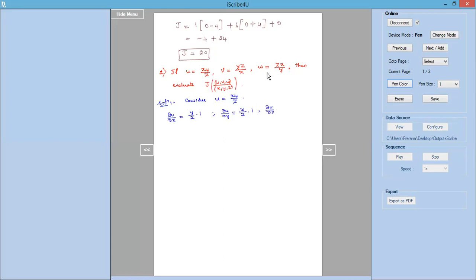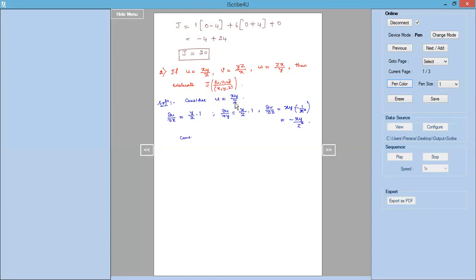Dou u by dou z. With respect to z, xy is a constant. Differentiation of 1 by z: when we are differentiating with respect to z, x into y is a constant, we write it as it is. Differentiation of 1 by z gives us minus 1 by z square. So this gives me the answer as minus xy divided by z square.